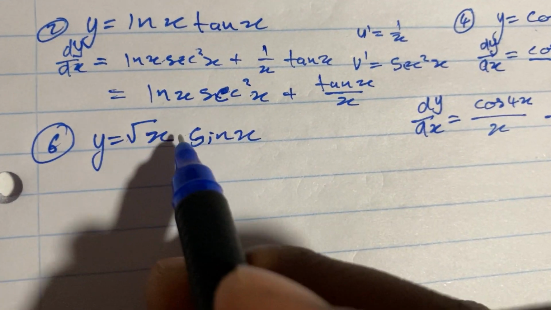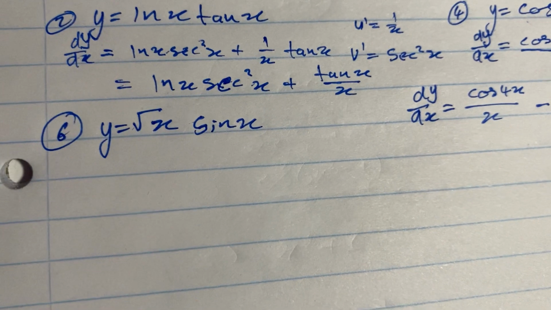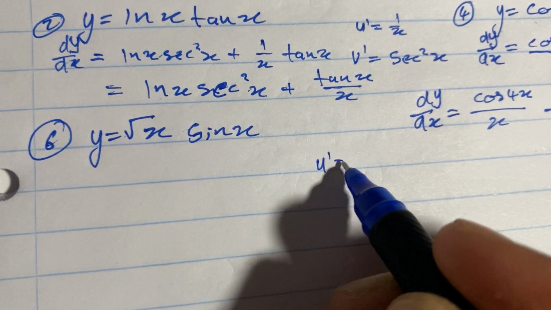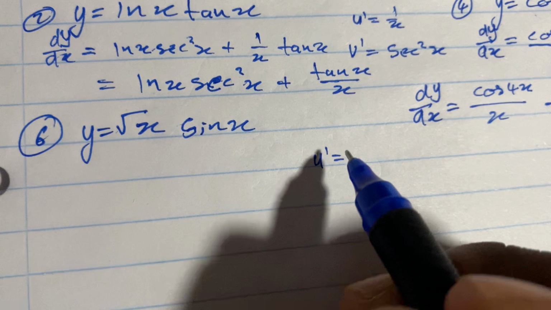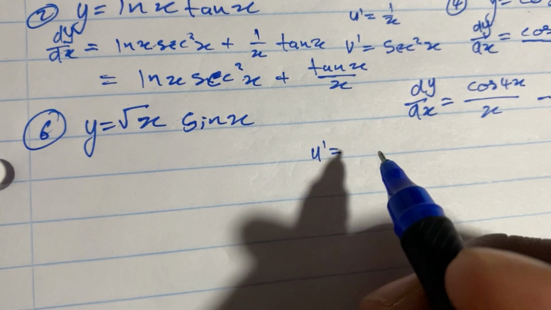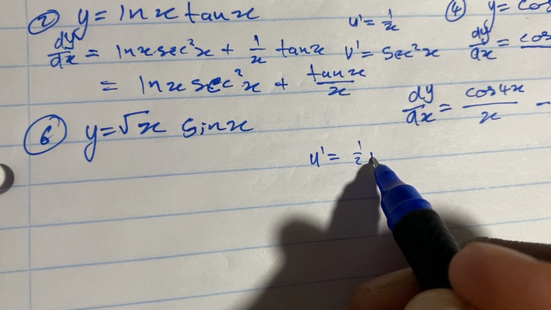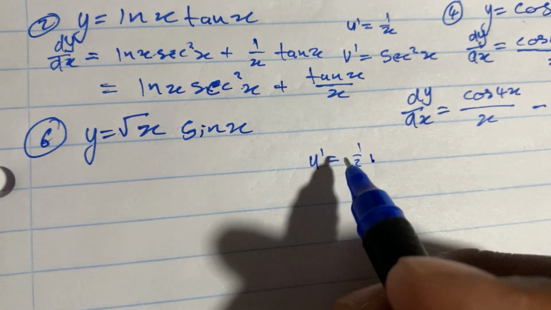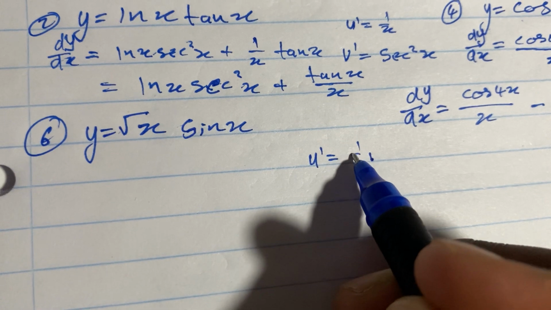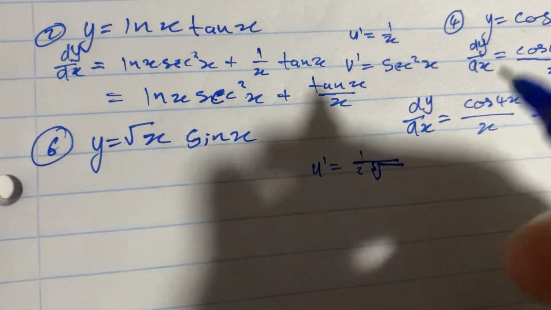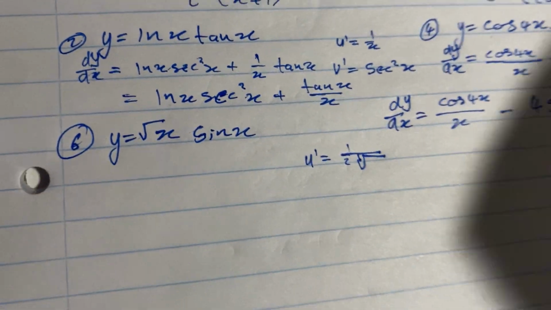Here we have square root of x times sine x. So we know that u prime will be the derivative of this one. Let me just do it here quick. So you have x to the power of a half.